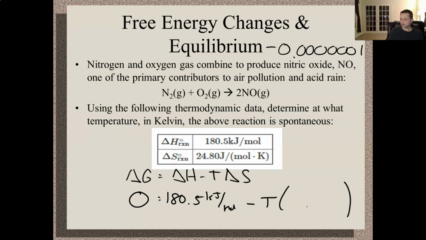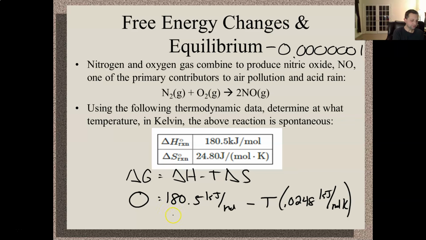To convert that, you just do a simple factor label problem, and you're going to get 0.0248 kilojoules per mole Kelvin. Okay? If you do algebra the right way, you reorganize this, bring your delta S over, do your negative, because it's a minus T delta S that you have left.